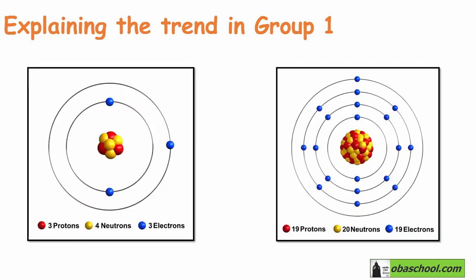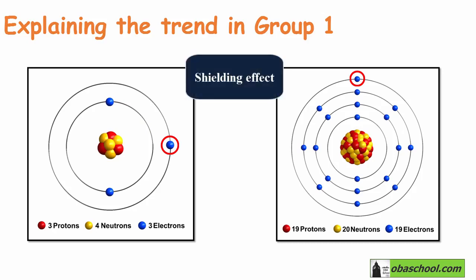In addition to that, this outer electron experiences a shielding effect from inner shells of electrons, so from electrons in these inner shells which are near to the nucleus. And this reduces also the attraction between the oppositely charged outer electron and the nucleus.